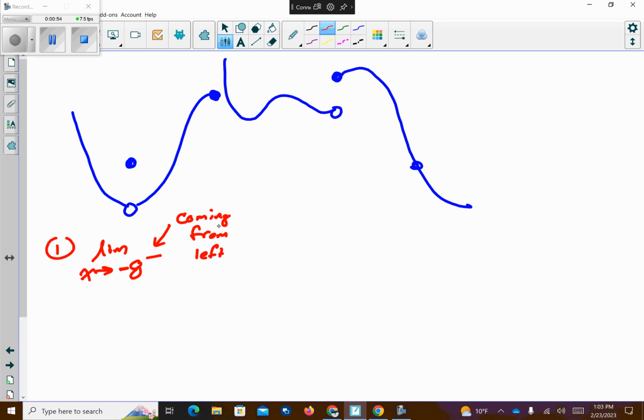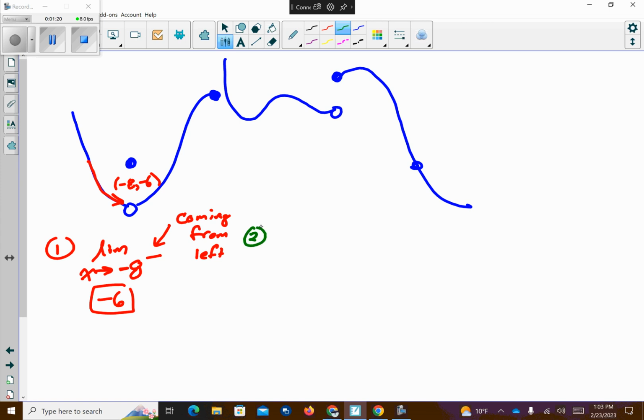So if I'm coming this way, this is the point, I believe, -8 comma -6. So this limit here has just an answer of -6. Seem okay so far? Then number 2, we'll do in green.